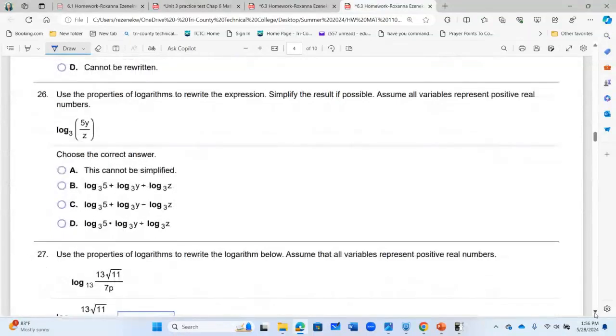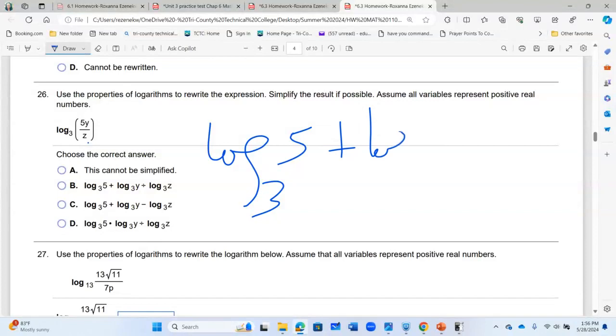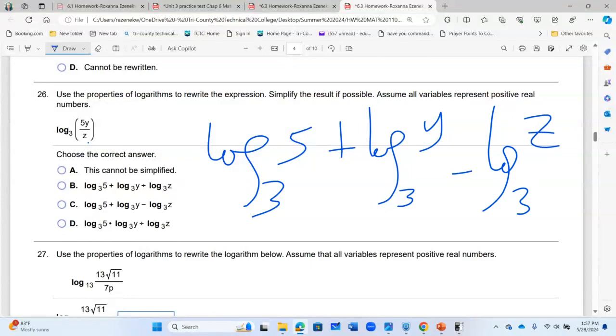Number 26, the numerator is multiplication, and we have one denominator. So let's go: log to base 3 of 5, plus log to base 3 of y, minus log to base 3 of z.